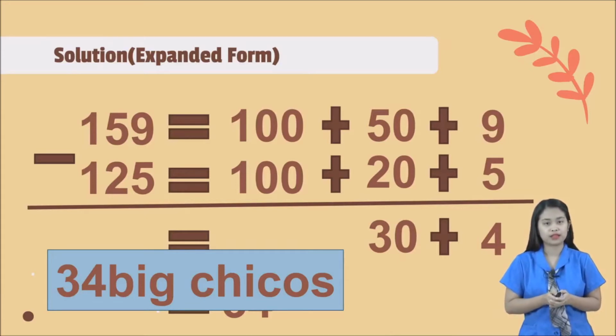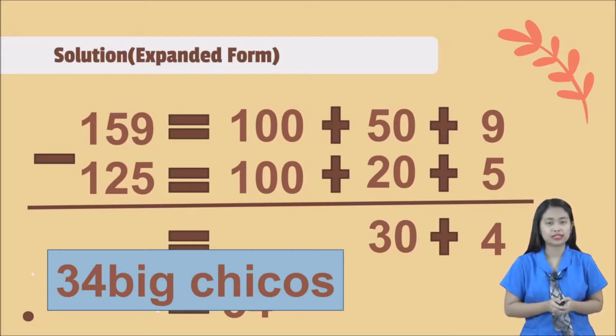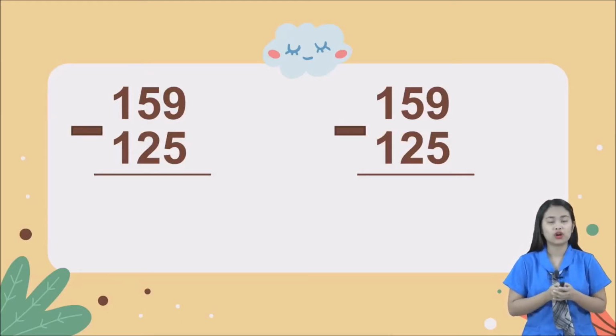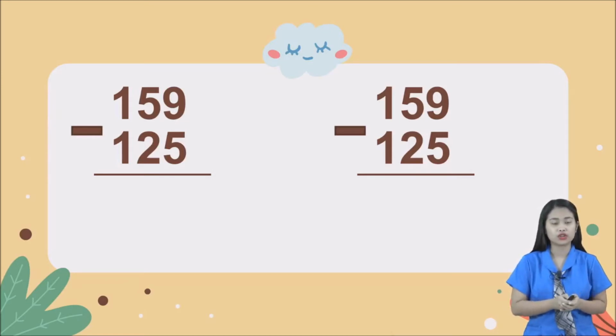Now, let us answer these problems by subtracting the numbers. So the first one is 159 minus 125. All we have to do is subtract them, and you are going to start from the right, from ones going to tens and going to hundreds.